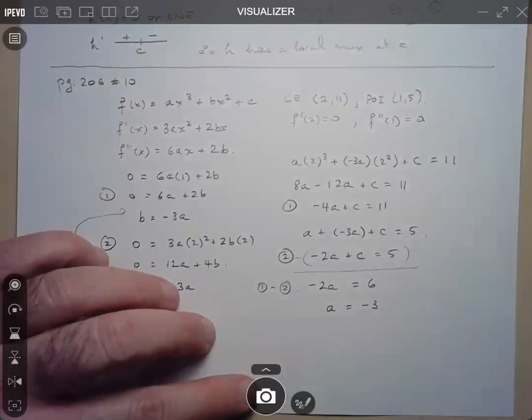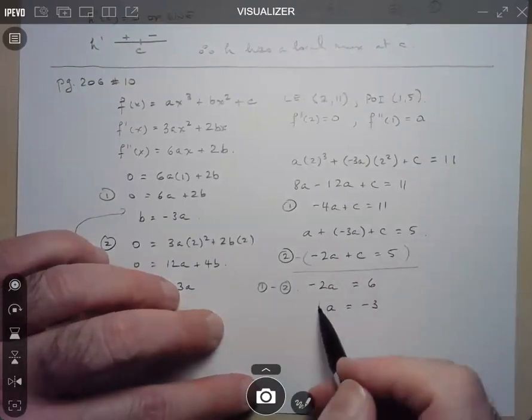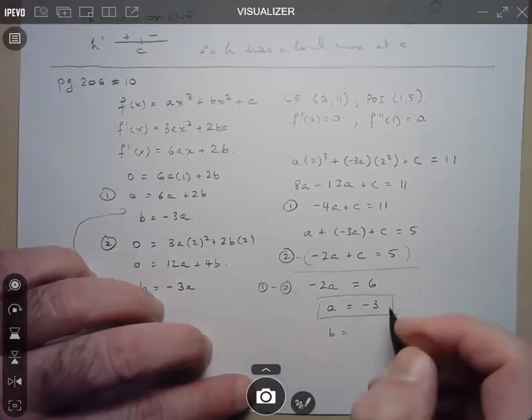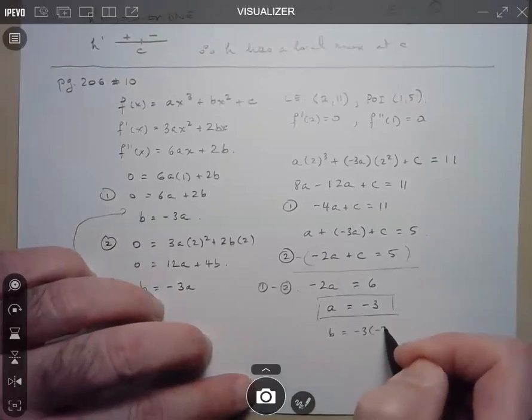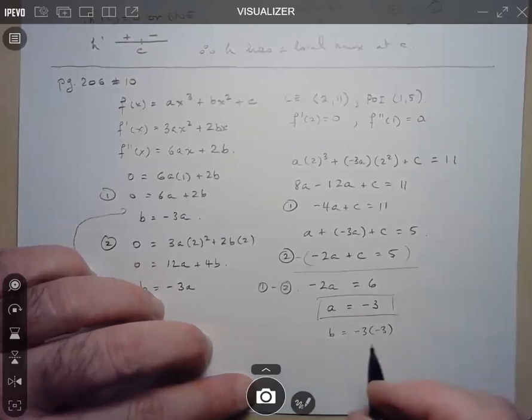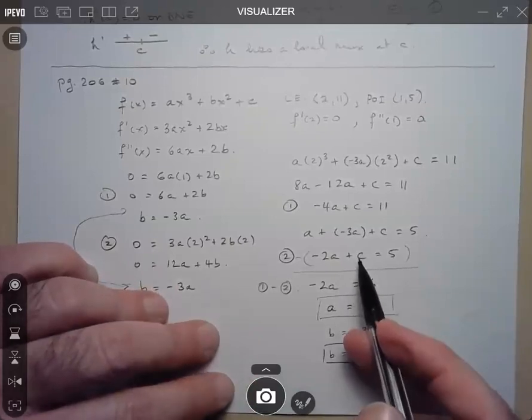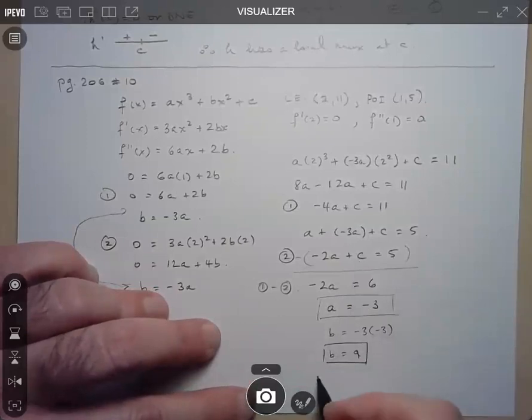So there's one of our solutions. I know that b is equal to negative 3a, so negative 3 times negative 3. It looks like b is equal to 9. And then finally c, I'll pick any one of these. I'll take this one here. I get c is equal to 2a plus 5.